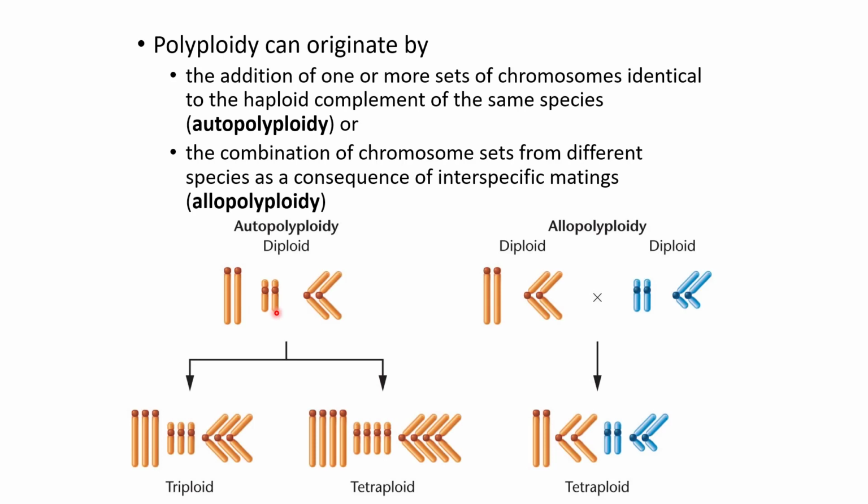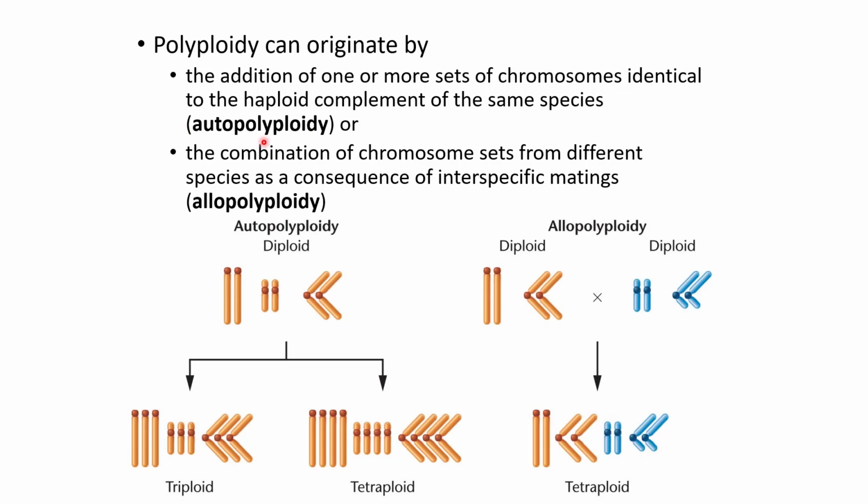There are a couple of ways that polyploidy can originate. One is that you can have an additional set or sets of chromosomes that are identical, from the same species. That would be autopolyploidy. Maybe there's a replication or a non-disjunction event for all of the chromosomes.